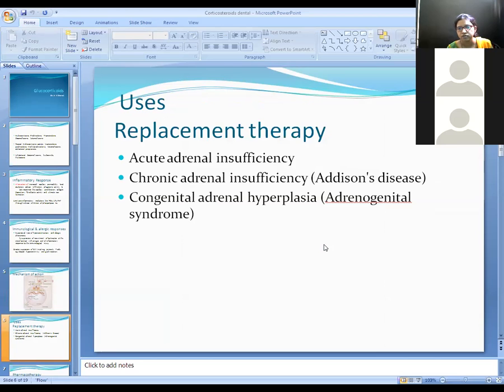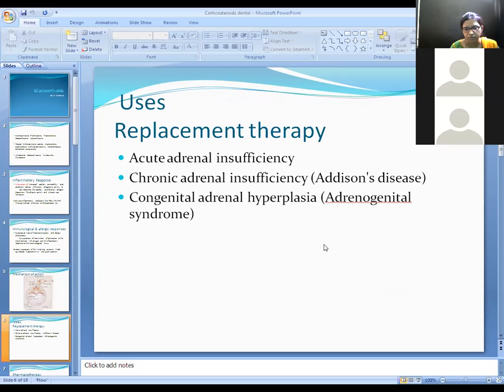Now, uses of glucocorticoids. They are used mainly for replacement therapy, whenever there is a deficiency of hydrocortisone inside the body. You can give glucocorticoids or hydrocortisone by injection as replacement therapy in acute adrenal insufficiency, where a deficient amount of hydrocortisone is released, to tide over the crisis.